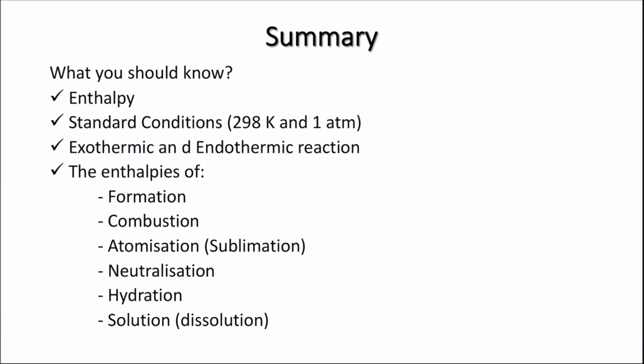Apa yang awak perlu tahu adalah apa itu enthalpy. And then standard condition kita ada 3 benda. Yang biasanya memang kita fokus adalah temperature mesti 25 degree Celsius dan juga pressure 1 atm. Tapi jangan lupa juga one more thing, kita kena ada solution tu mesti contain 1 molar of concentration.